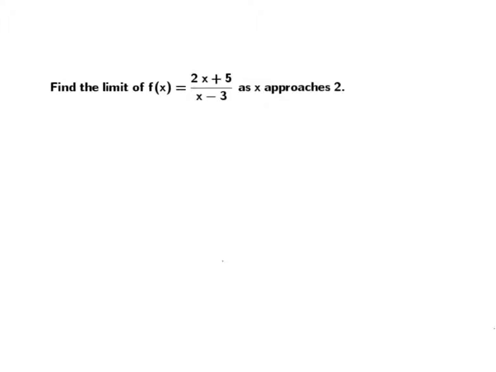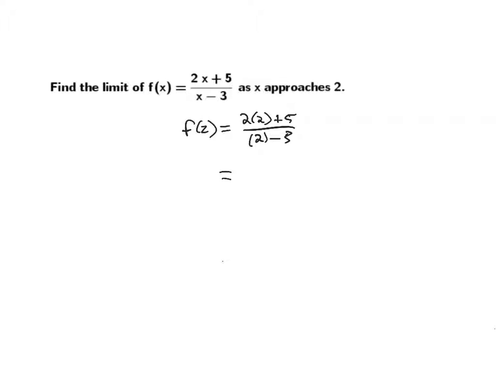Our next example is a rational function, quantity 2x plus 5 over quantity x minus 3 as x approaches 2. So we're finding the limit of that function as x approaches 2. So let's apply the first step of our 3 steps. Let's go ahead and plug 2 into the function and see what we get. So we get 2 times 2 plus 5 over 2 minus 3.